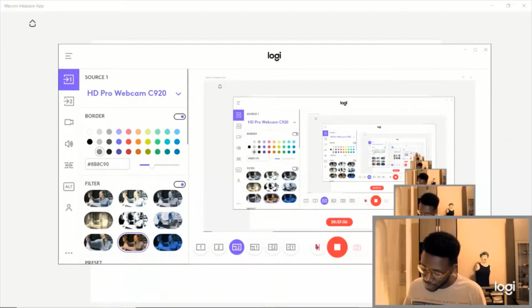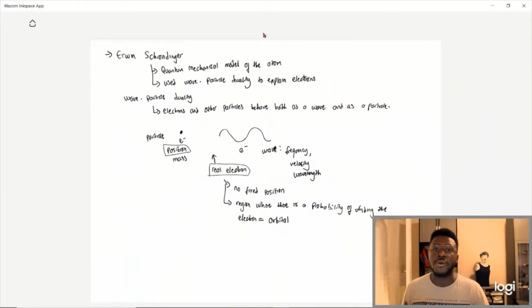According to Erwin Schrödinger, using the quantum mechanics model, we have orbitals as a region where there's a probability of finding an electron. So that means every electron stays in an orbital. The orbital is like a house for the electron.